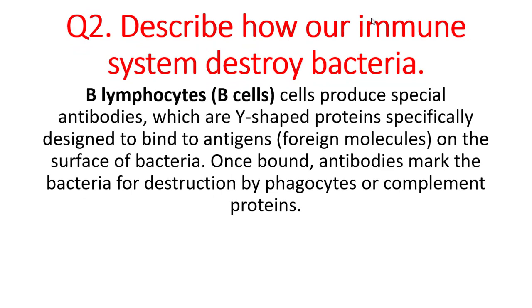We also have the B lymphocytes and then the T lymphocytes, and they are also forms of white blood cells. The B lymphocytes produce special antibodies. Usually antibodies are proteins that are produced to respond to the antigens.